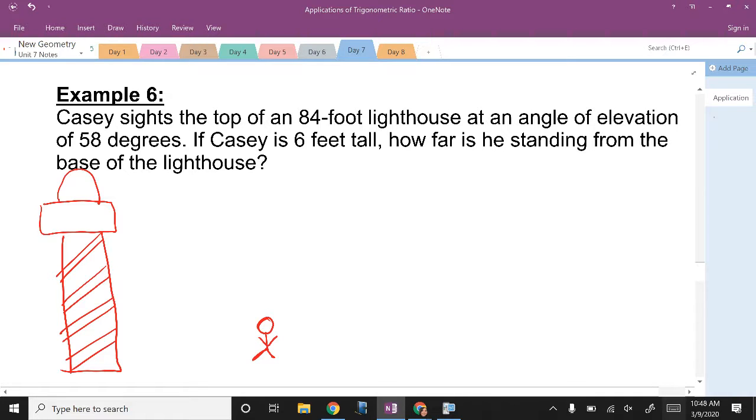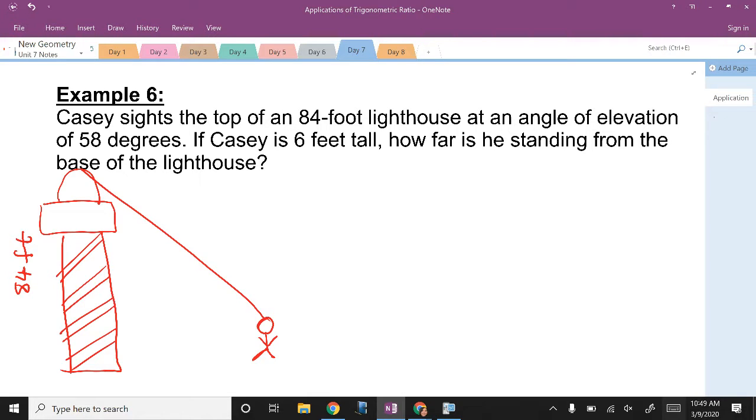All right, so he's looking up at the top of an 84-foot lighthouse. So the height of the lighthouse is 84 feet, and Casey's looking up to the top of it. Okay, this one's a little complicated because it tells me Casey is 6 feet tall. Do y'all see how this is a horizontal line right here?